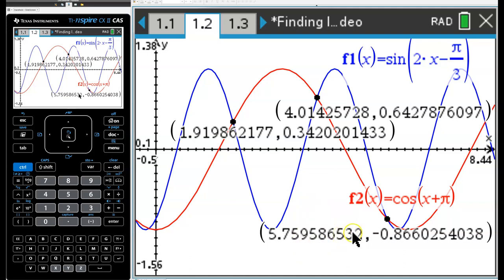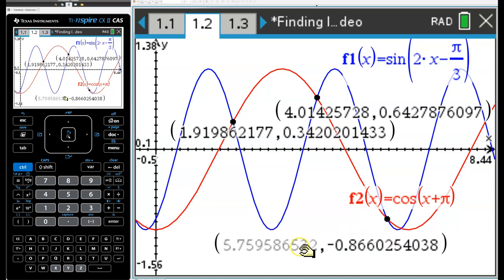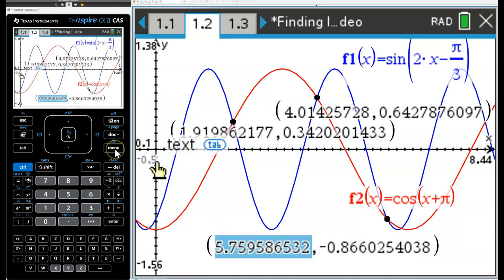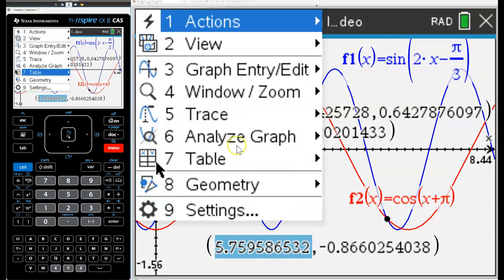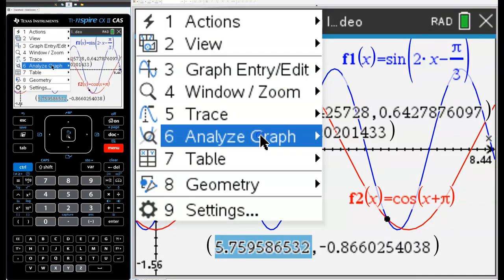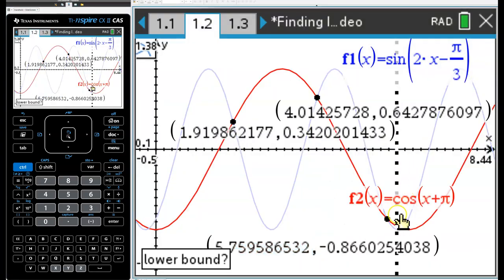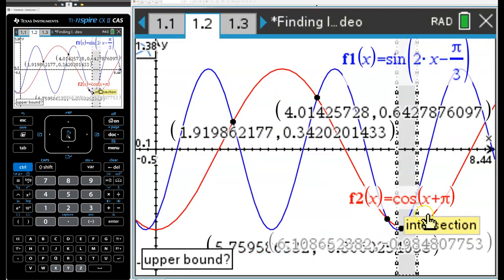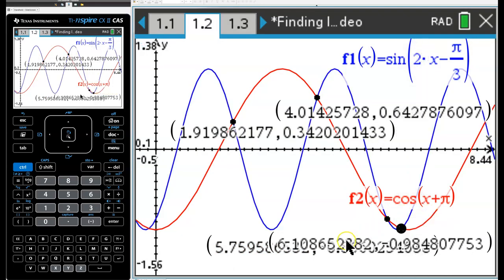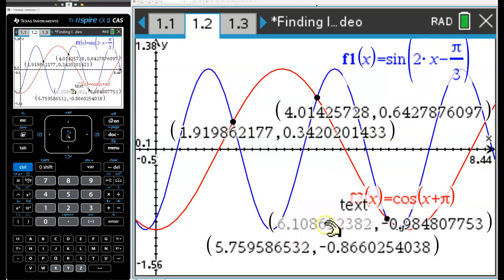Okay, that is still within my window 0 to 2 pi, right? 2 pi would be approximately 6.28. So I'm going to go Menu one more time, analyze the graph, and find the intersection, left, and then right, and it looks like this solution right here, 6.109, if we round, will be in my window, right? 0 to 2 pi.